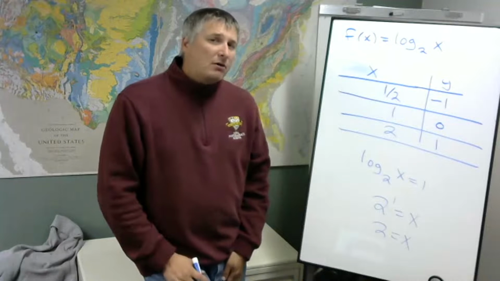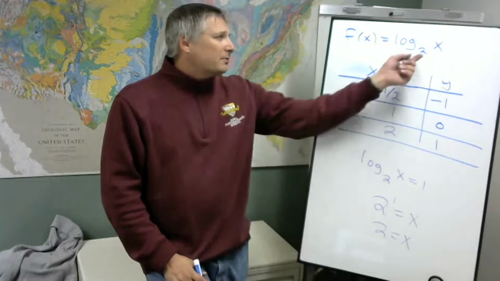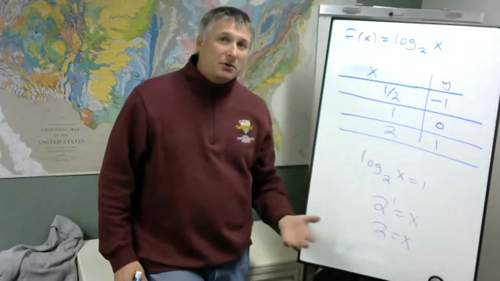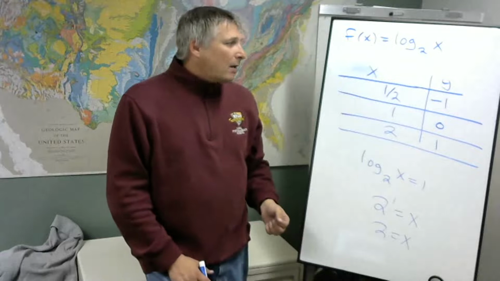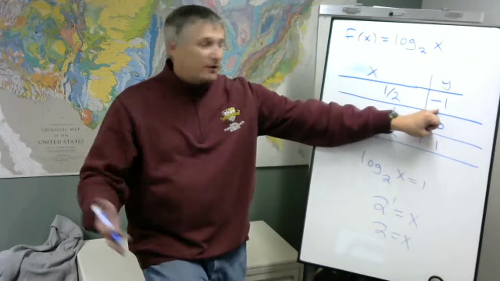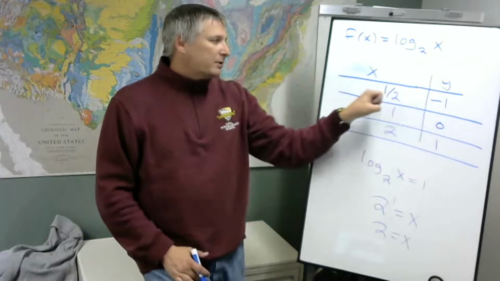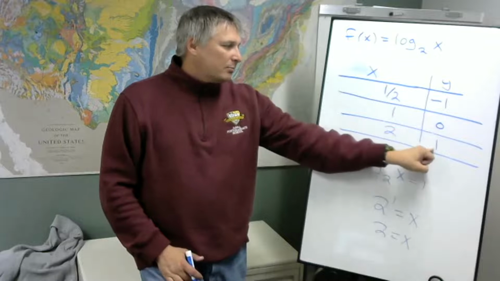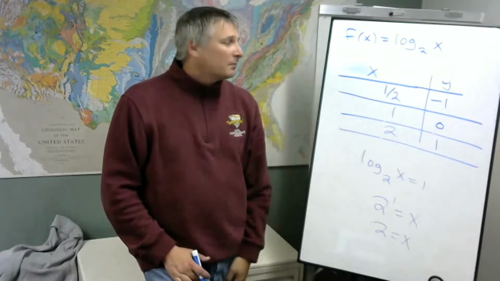And if you recall from the exponential function, we also derived the graph of an exponential function with a base 2. And the output, when the input was -1, we got 1/2. Input of 0, we got 1, and an input of 1, we got 2.